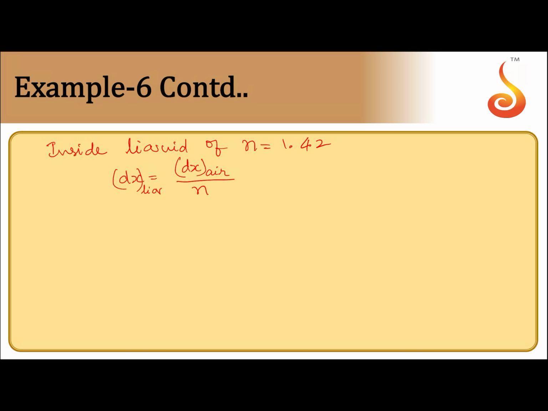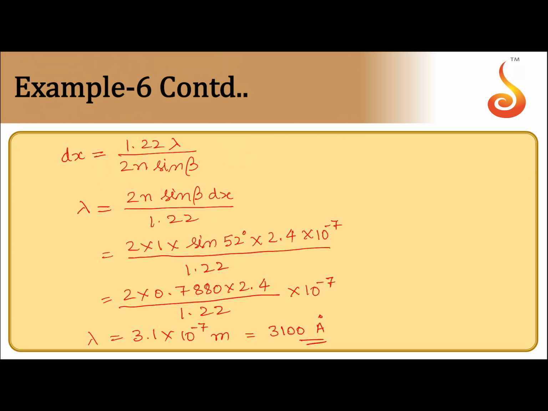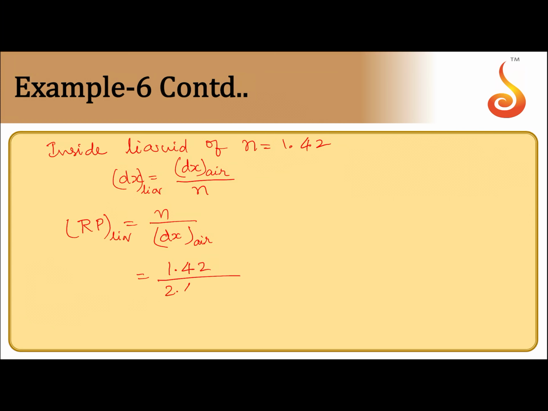So resolving power in liquid will be n divided by dx in air. That is equal to 1.42 divided by dx in air, which is given to be 2.4 into 10 power minus 7.